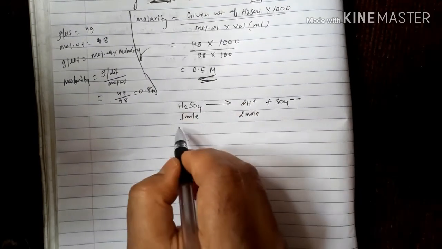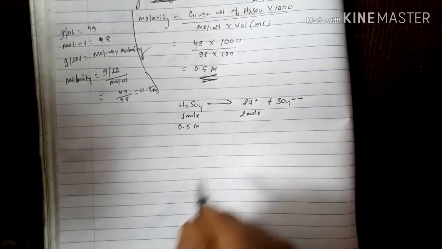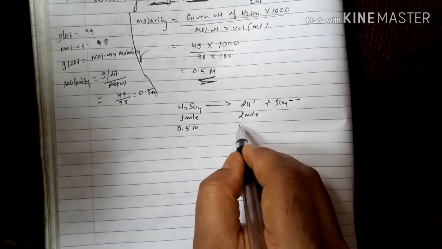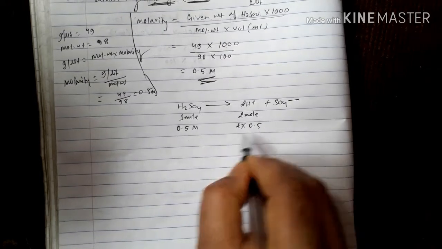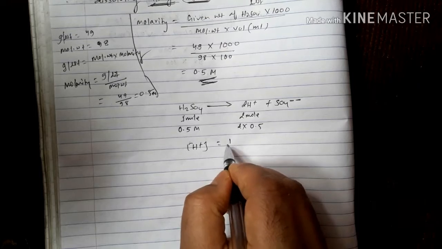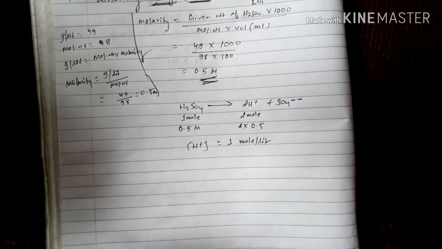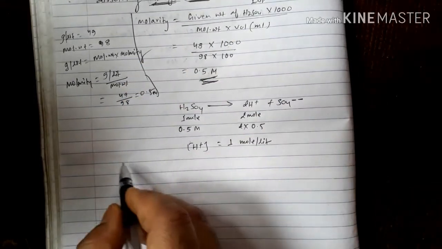But here only 0.5 mole of H2SO4 is dissolved in 1 liter. Therefore, H plus ion will be 2 into 0.5, concentration of H plus ion is 1 mole per liter. This H2SO4 solution is prepared in water.